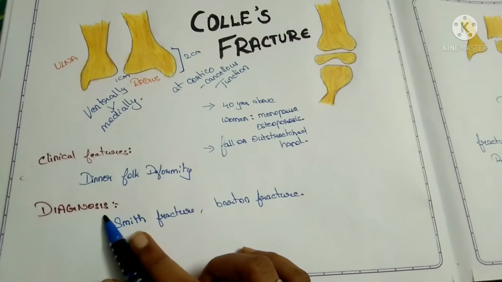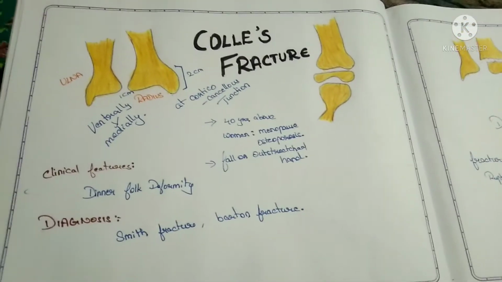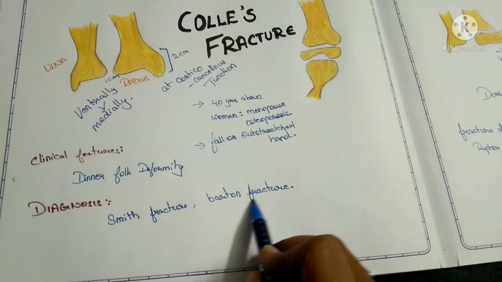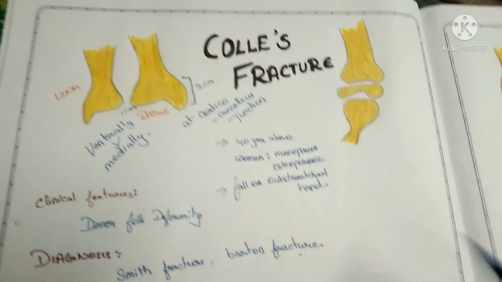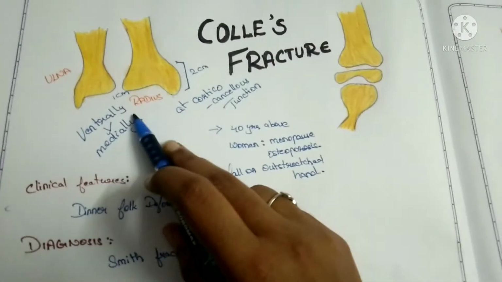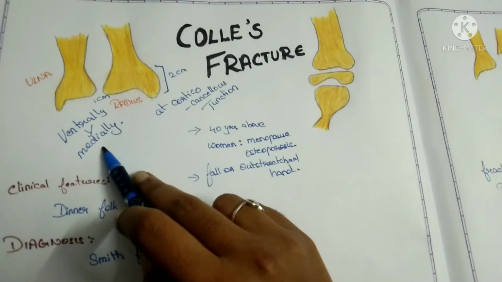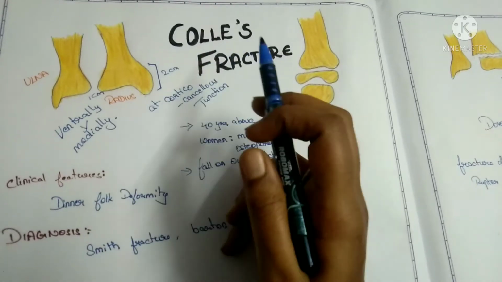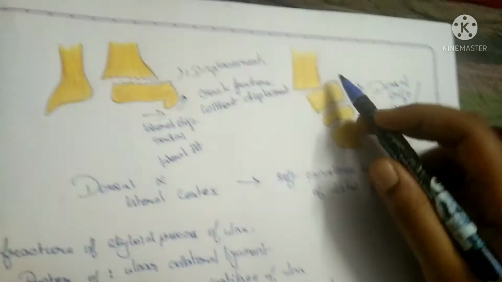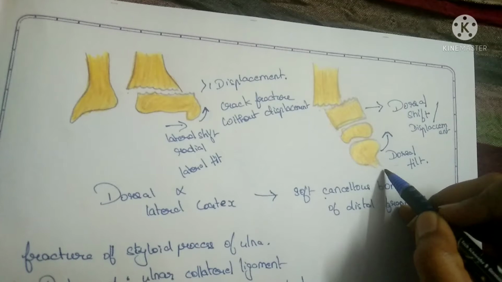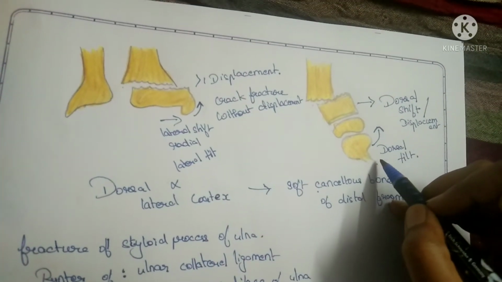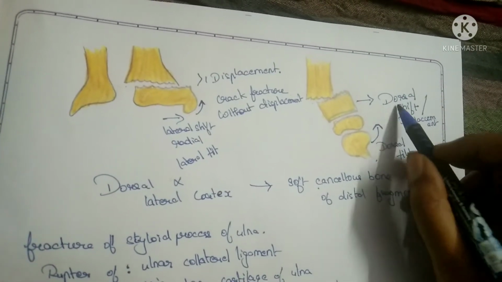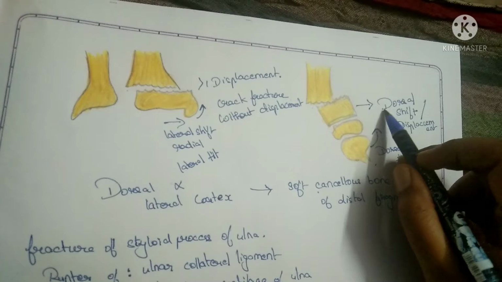Diagnosis of Colles fracture. It is very important to diagnose Colles fracture in order to differentiate it from other fractures like Smith fracture and Barton fracture. In the beginning itself, we have seen that the distal articular surface of the radius faces ventrally and medially. But in Colles fracture, on the lateral view of an X-ray, the distal radial surface faces dorsally, whereas usually it has to face ventrally.